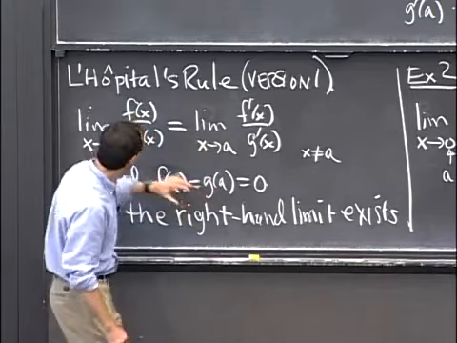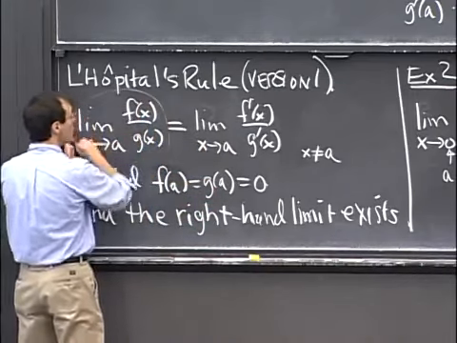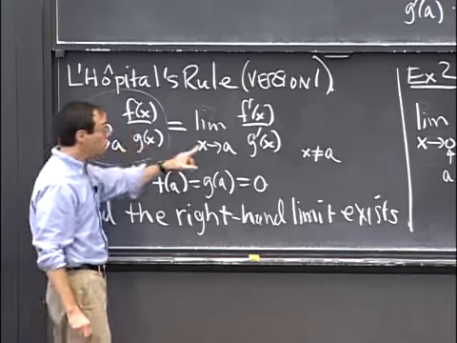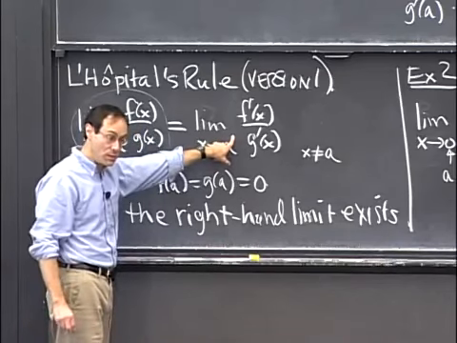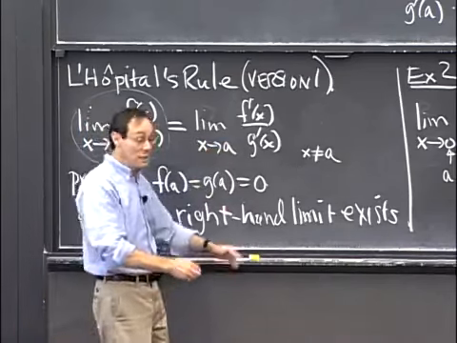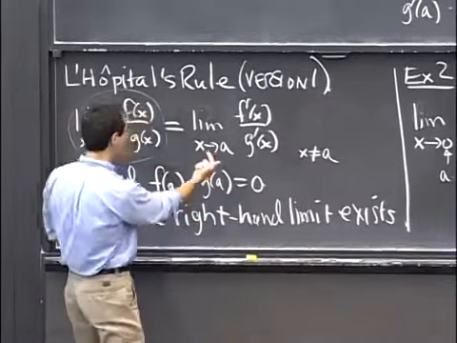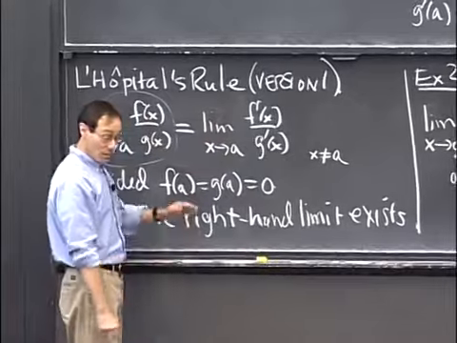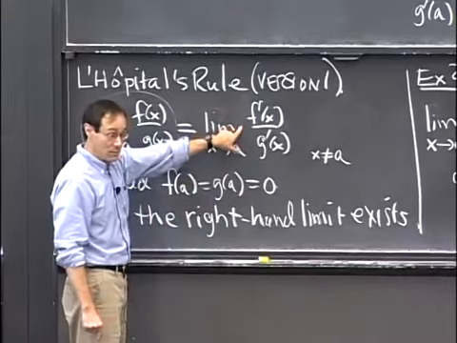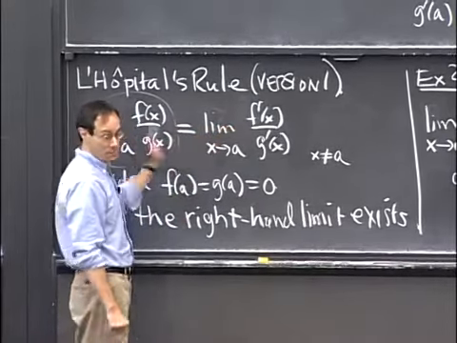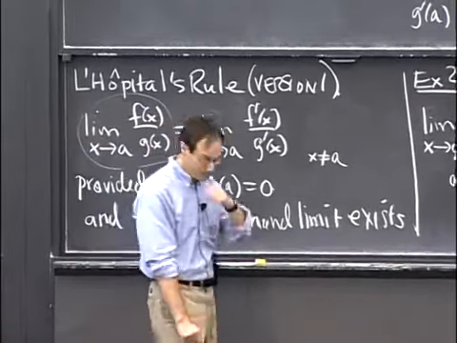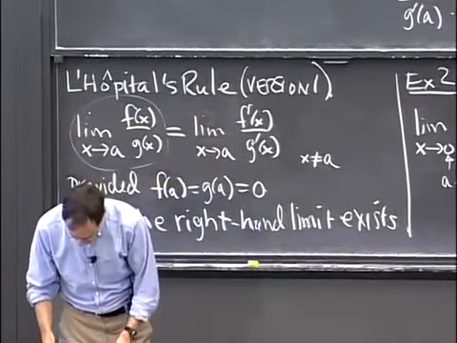But what I'm emphasizing is that you don't need to know in advance that this one exists. You do need to know in advance that that one exists. Essentially, that's the direction that it goes. You can't get away with not having this exist and still have the statement be true.